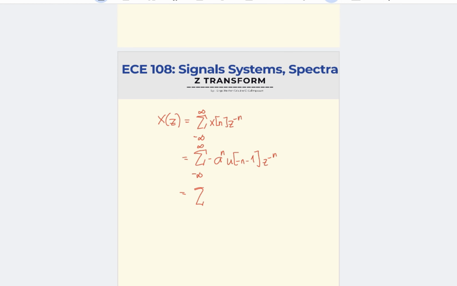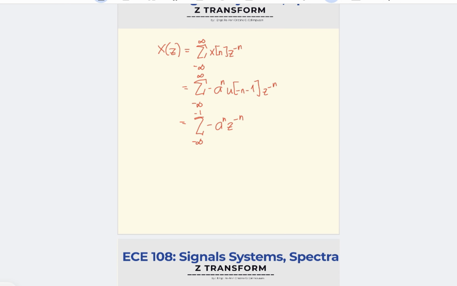So substitute the range of values where the unit step is existing. So we have a summation of negative a to the power of n z to the negative n from negative infinity to negative 1, because these are the values that the x of n is existing.